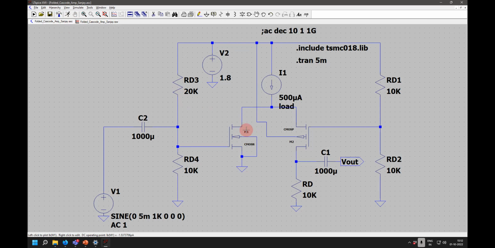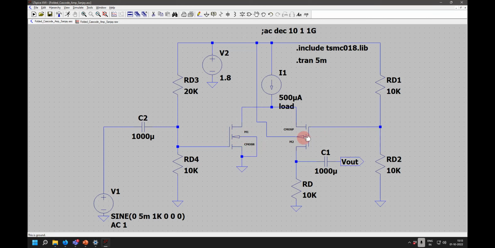Now if you see here, what is the gain of this folded cascode? GM into GM of this transistor and R0 of this transistor. So I have to keep the GM of this transistor large. So among the 500, around 360 I am putting into this transistor, and I have to put some reasonable current here also, so I am keeping it at around 150.